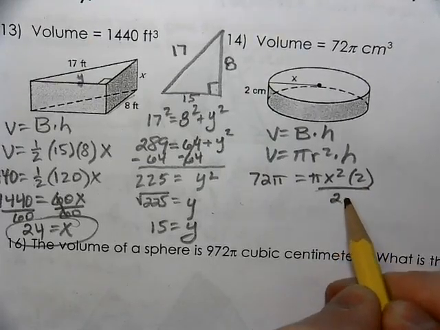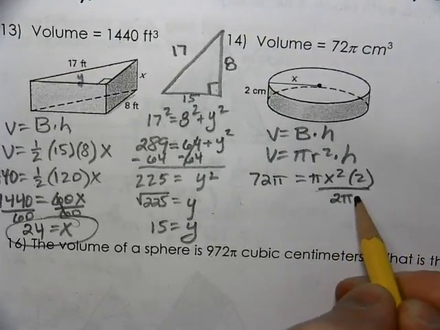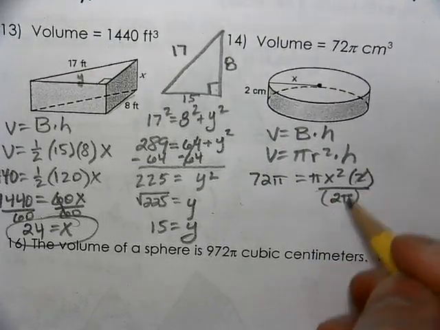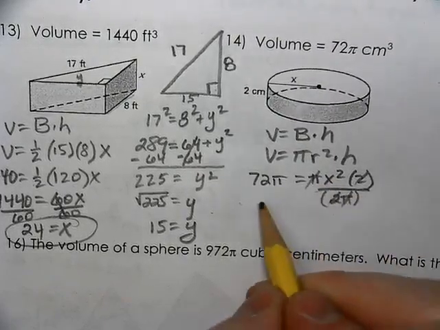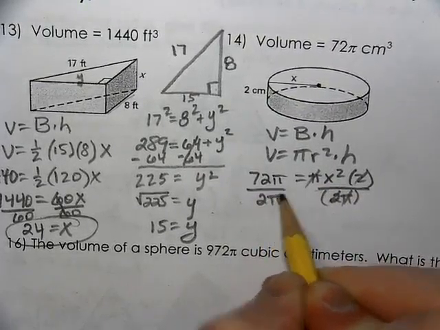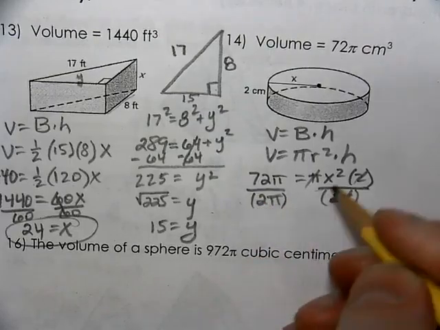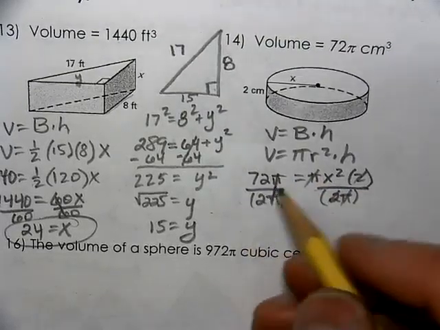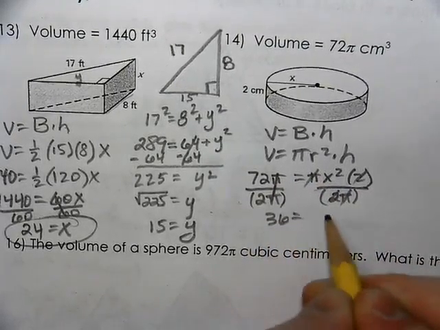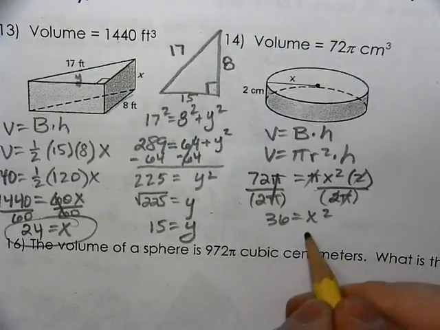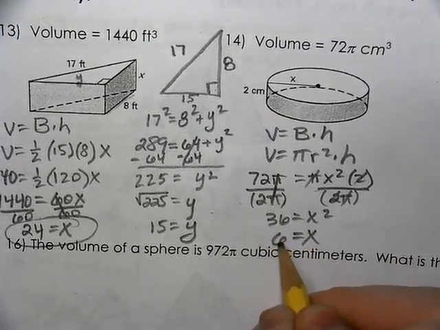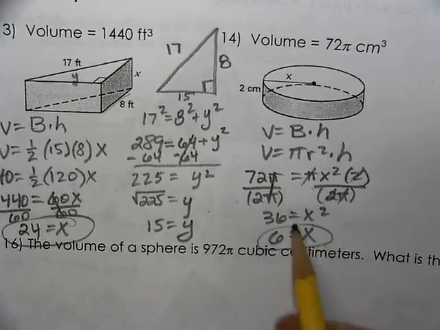So I'm going to divide by the 2 pi. Put that in parentheses. The 2's cross out, the pi's cross out. The pi's cross out and you get 36. Take the square root and you get 6.